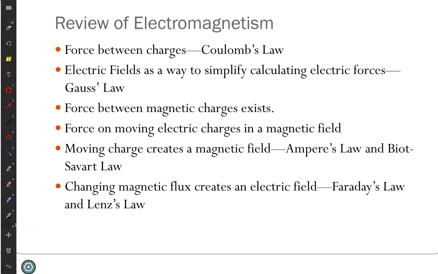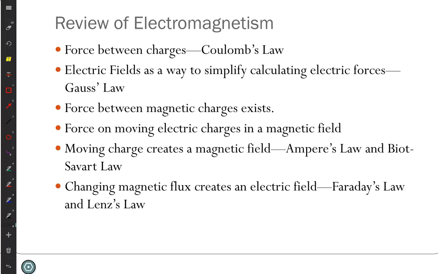Then we went to magnetic charges, and there are also forces between magnetic charges with the same rule. Like magnetic charges repel, opposite magnetic charges attract. We call the magnetic charges north and south, and you can have stronger north, stronger south. But there's something really different about magnetic charges compared to electric charges.